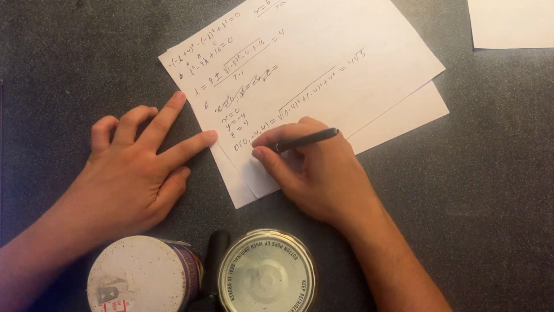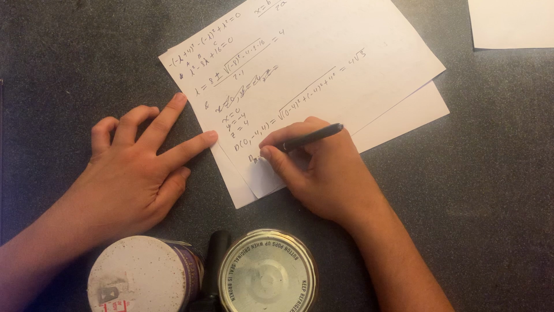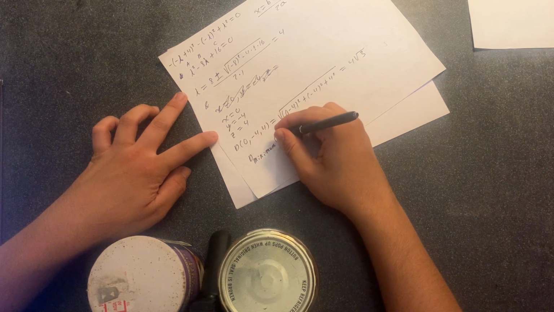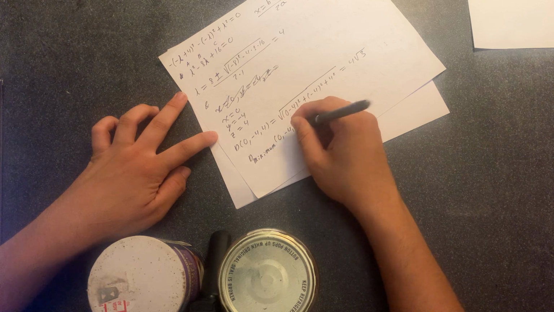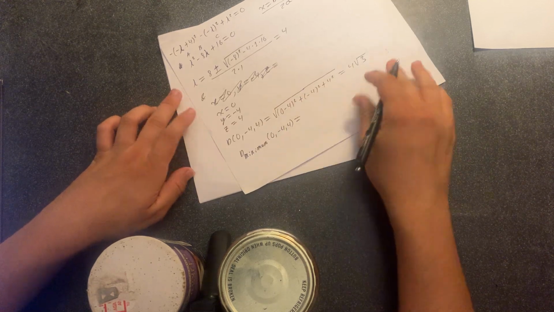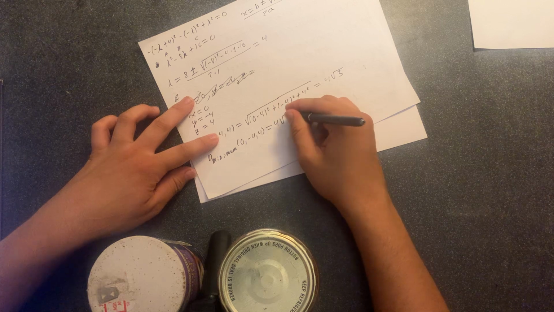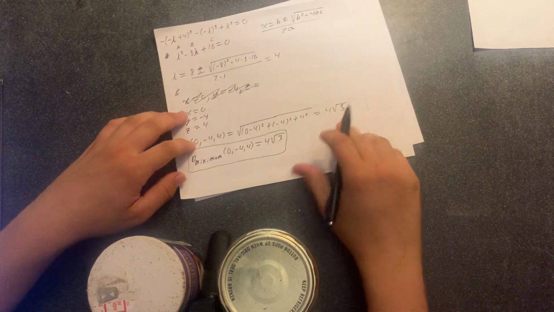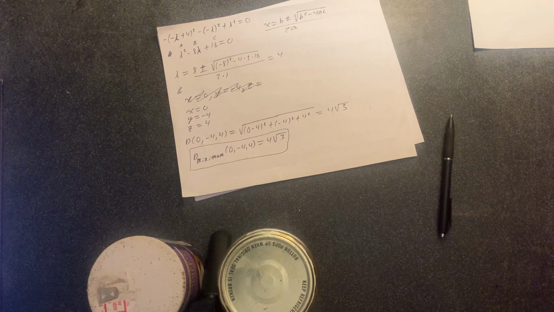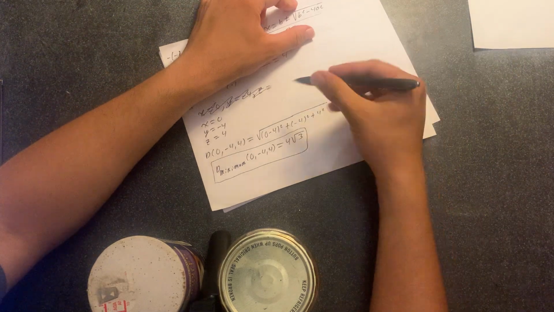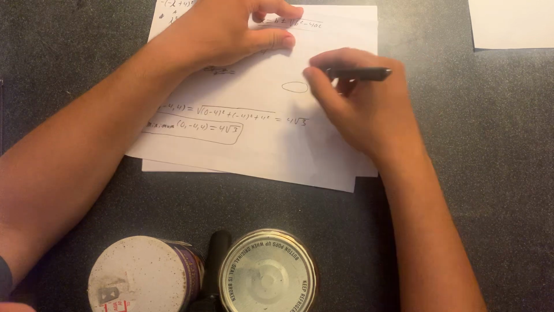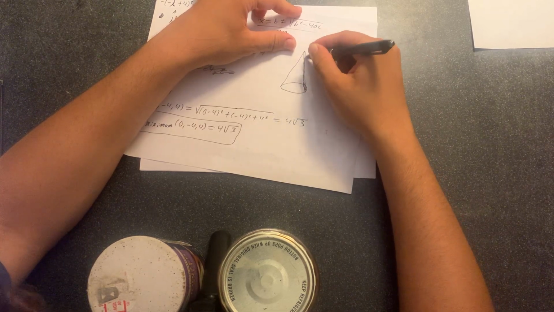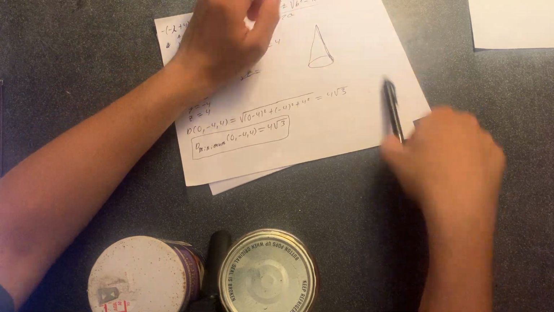So our answer is going to be D minimum of 0, negative 4, 4 is equal to 4 times the square root of 3. Okay, that is a cone, which looks something like this. Bad sketch, but that's a cone.